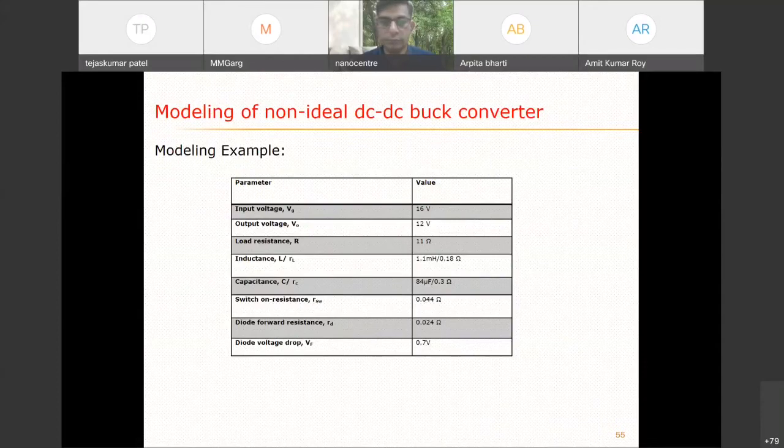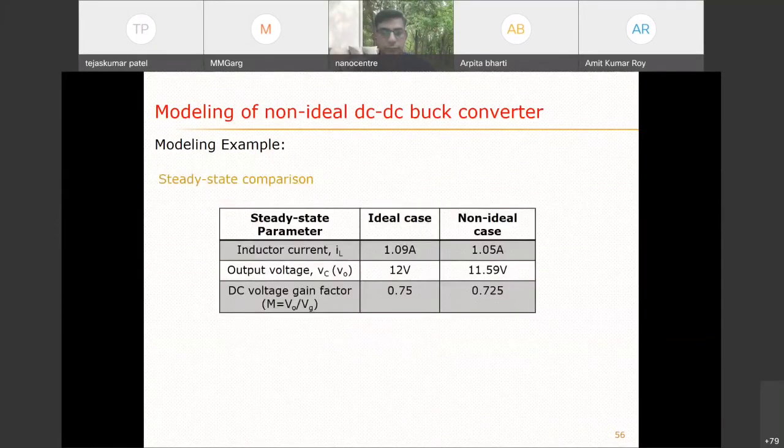Then we simply write the KVL and KCL equations, and just by solving the algebraic equations, we get various transfer functions. That is another way of doing modeling. The transfer functions obtained are the same, but just the method is different.